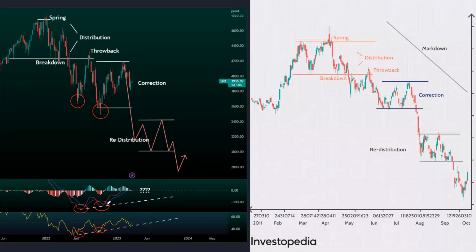And when it curls up, typically that's an entry signal. So it's going to be really interesting to see what happens here on our weekly MACD as well as our weekly RSI. If we break that bullish divergence and we get a sell signal, that could really fuel this correction phase and possibly send us back down to retest some of our lows, if not that 3750 region.